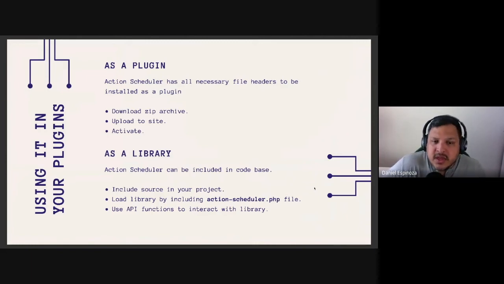It's normally also included as a library in the code base, and then all the plugin developer has to do is include the action-scheduler.php file when their plugin is loaded, and it takes it from there. It will create the custom tables, make sure they're installed, and it also watches at the appropriate times for running its action queues and actually doing the work.